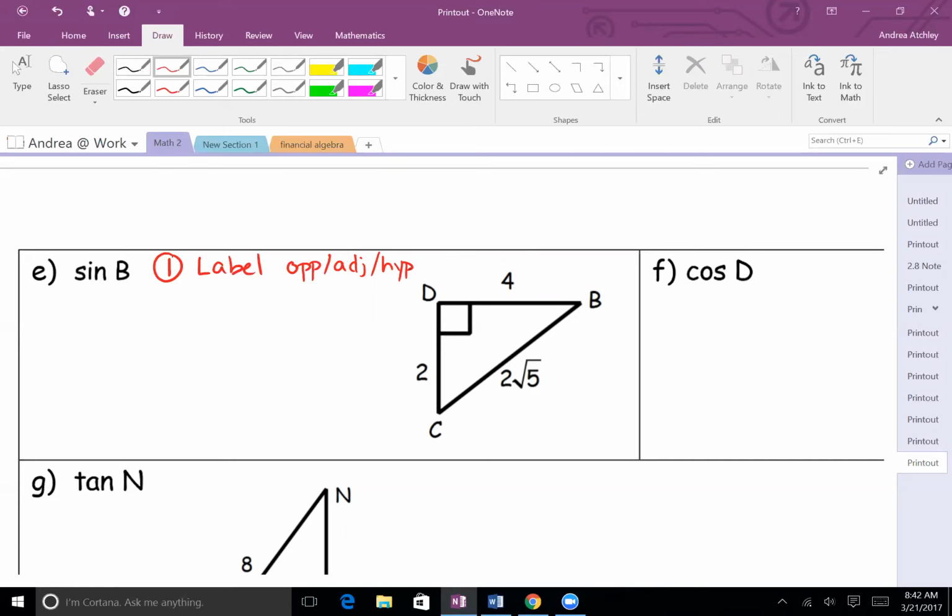Okay, then what's the opposite side? Oh, let's label B. What's the opposite of angle B? It has to be two letters if it's a side. CD. This is my opposite side.